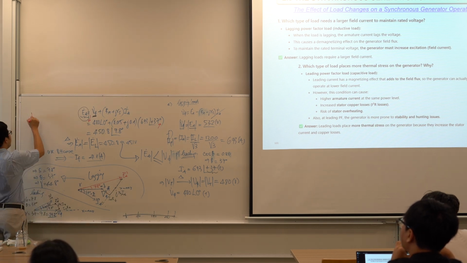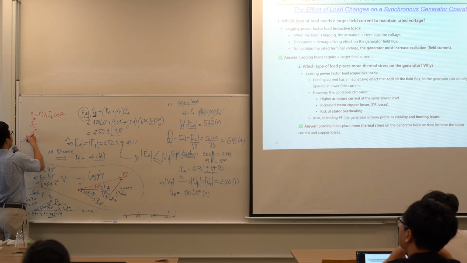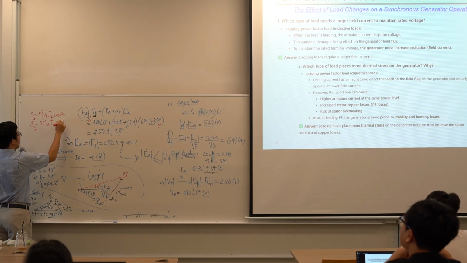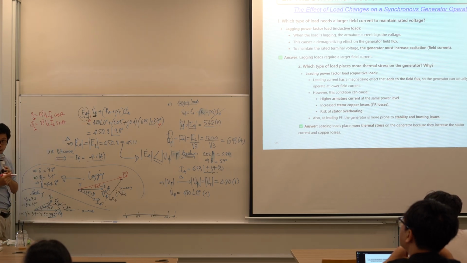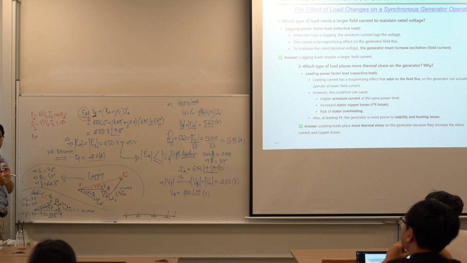Look, the real power generated is P equals 3 VL IL cosine theta. And for Q, reactive power, you get 3 VL IL sine theta. Okay? So if theta increases, cosine theta decreases, right?